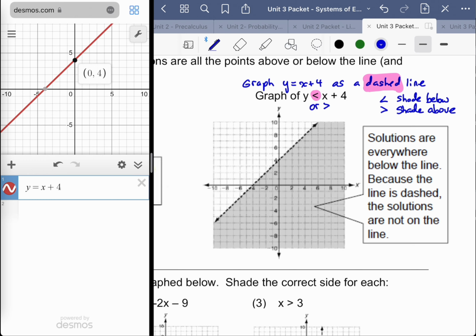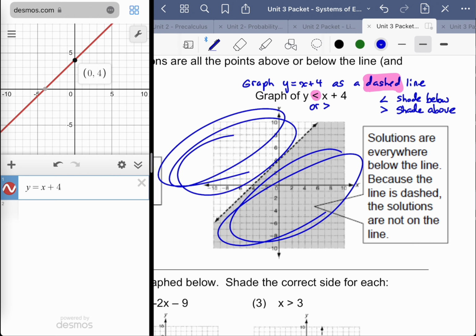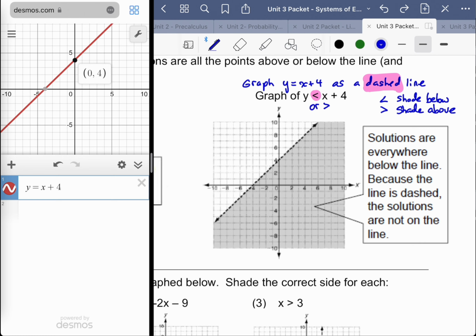But that's a pretty standard rule, because when you look at the dashed line here, you have two regions. That dashed line separates the graph into two components, the part that's above it and the part that's below it. It's not directly above it, like a horizontal line, but even with a diagonal line, there's a part where you look at it and say, that part's the part that's above.